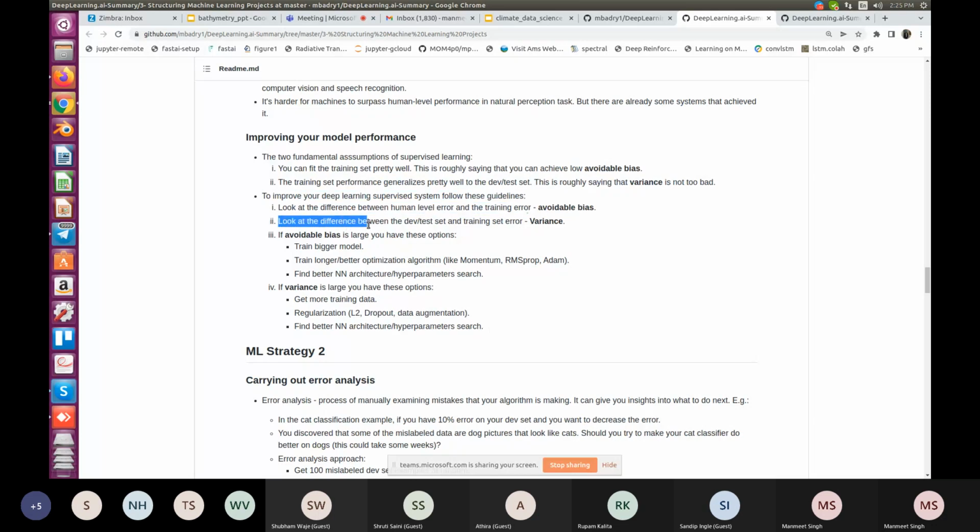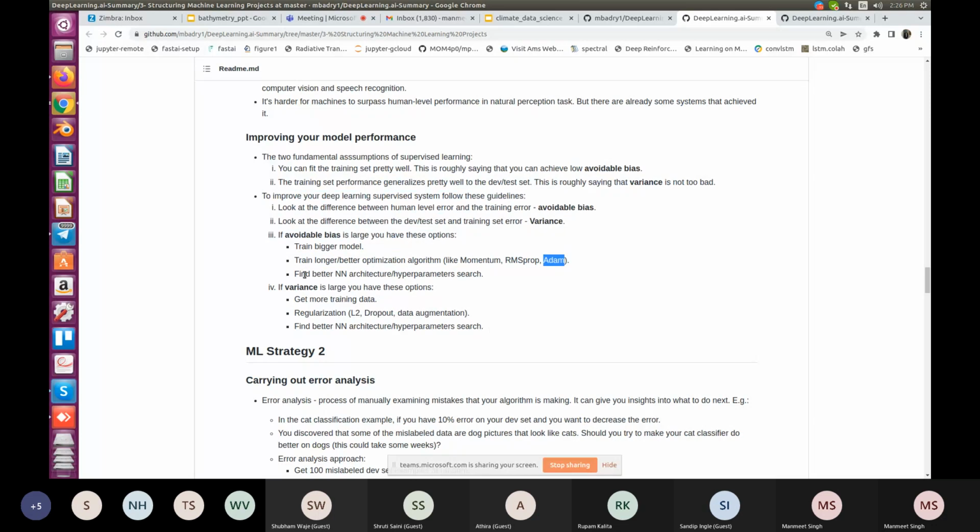You can also look at the difference between dev or test set error and the training set error. That's what we call the variance. And if avoidable bias is large, that means you are underfitting. You need to train either a bigger model or train longer with a better optimization algorithm like momentum, RMSprop, or a combination of momentum and RMSprop, which is the Adam optimizer.